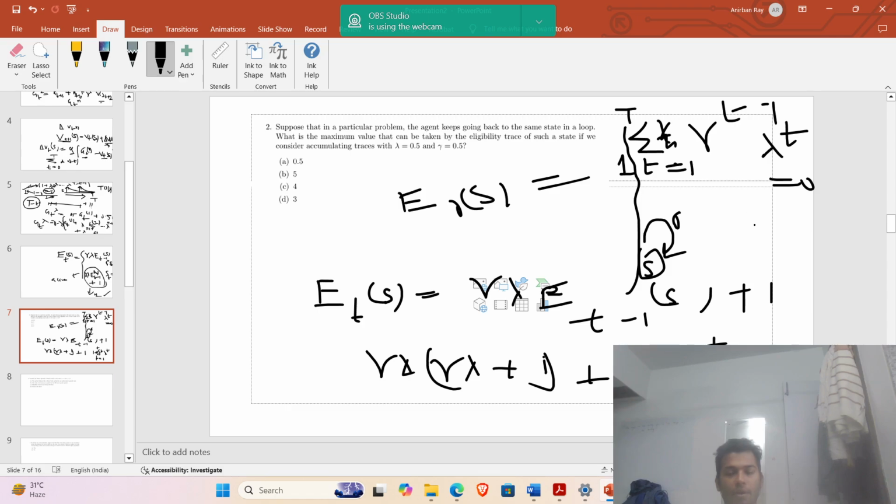And now this is a GP, right, starting from lambda and then multiplying by gamma lambda like that.